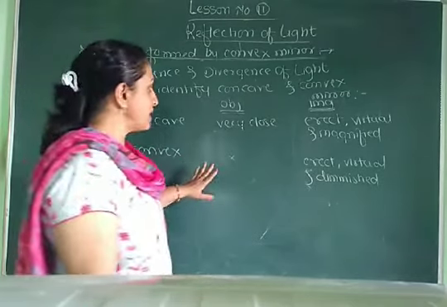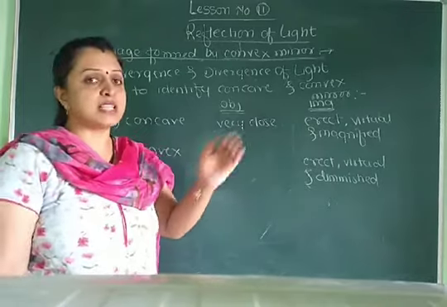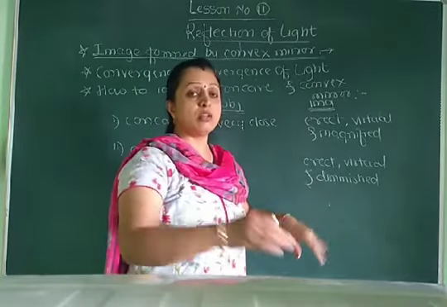That does not depend on the position of the object, remember. But if we move the object away from the mirror, then the size of the image goes on decreasing.